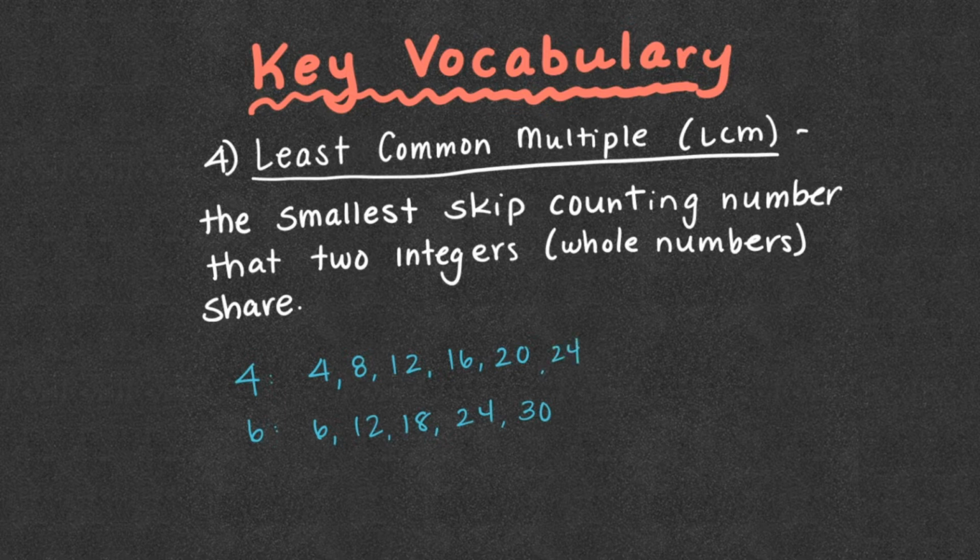If we can see, they do share some multiples. So they both share 12, and 4 and 6 share 24. But we want the least common multiple. So what's the smallest multiple that they share? That's 12. So we use this for adding and subtracting, making sure that we find the LCM, least common multiple, to help us out.